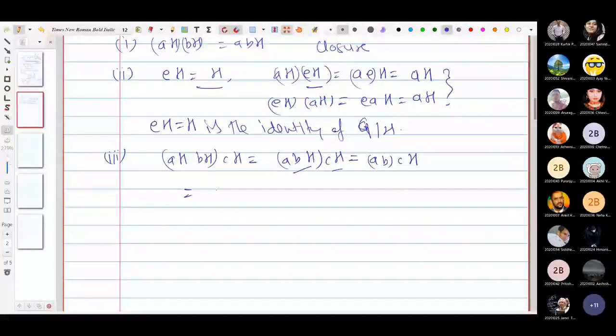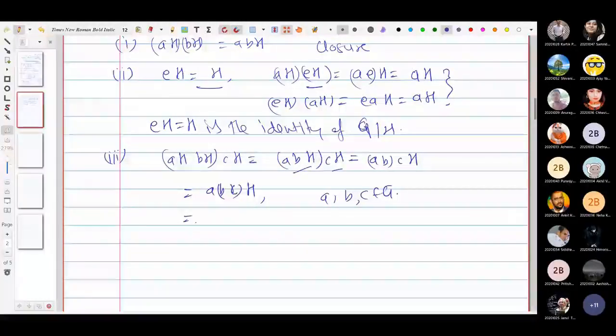So what can we write? We can write A B C, and let us keep them in brackets, because A, B, C are elements from G, and G is a group, so associativity will be there.